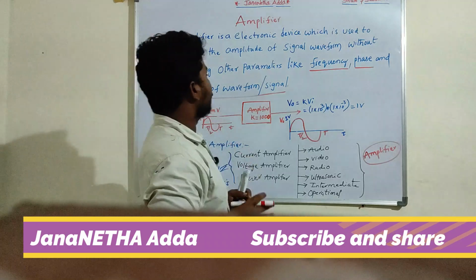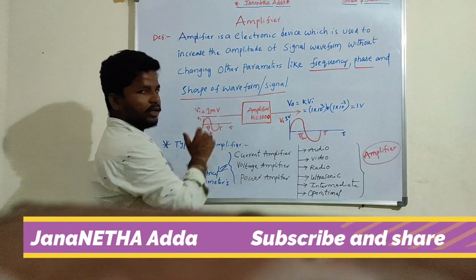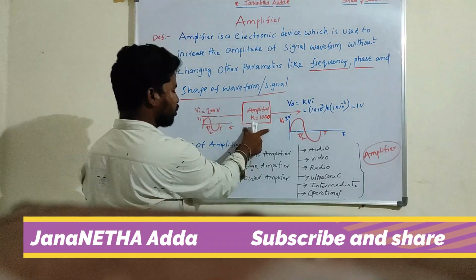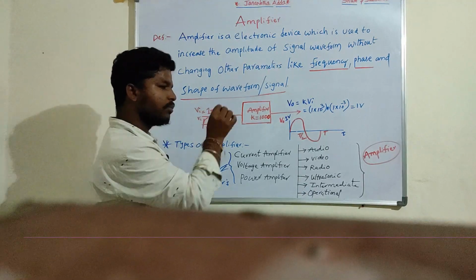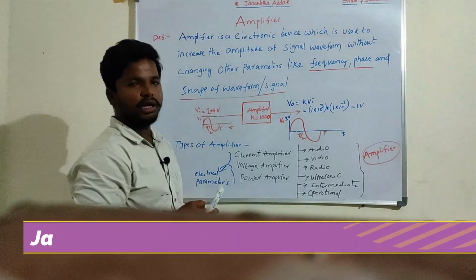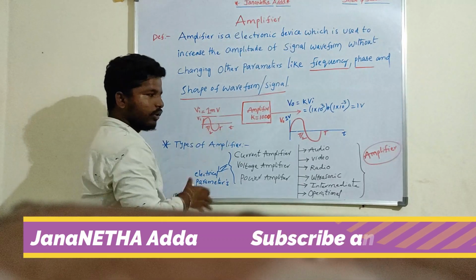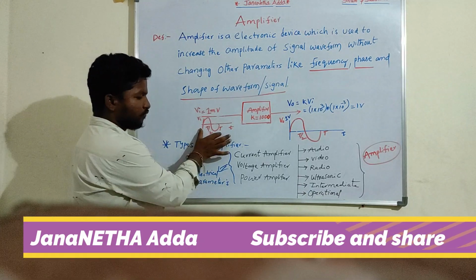If I represent this amplifier at block diagram level, I am assuming the amplifier is a device, a box, which takes an input of 1 millivolt. I represent this input signal as a sinusoidal wave of 1 millivolt amplitude having a time period of t.